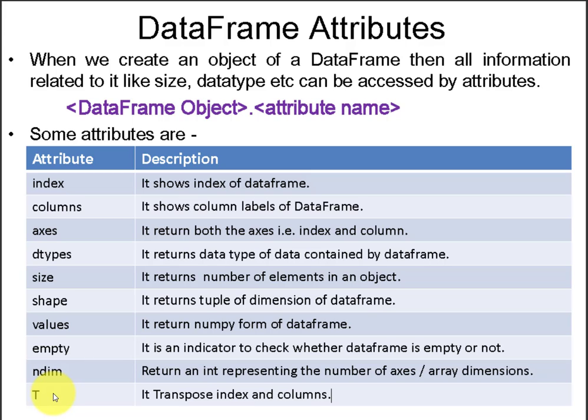So these are all the attributes, and they are all very helpful for your program, and they also come in the exam. So it is very important to know which attribute is for what purpose.